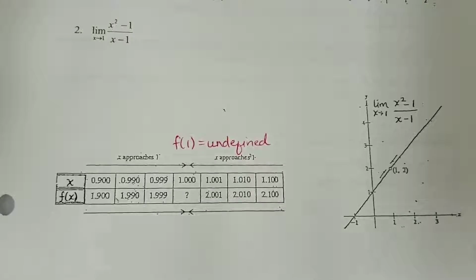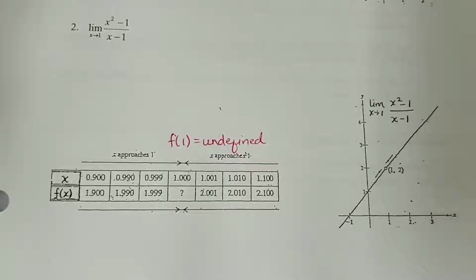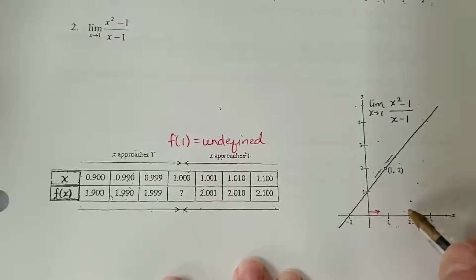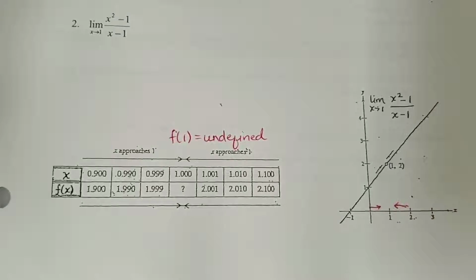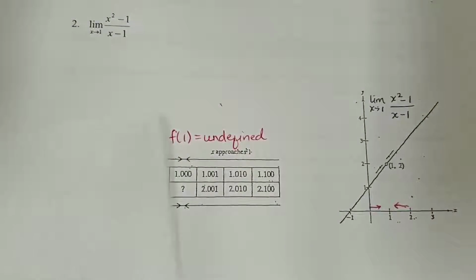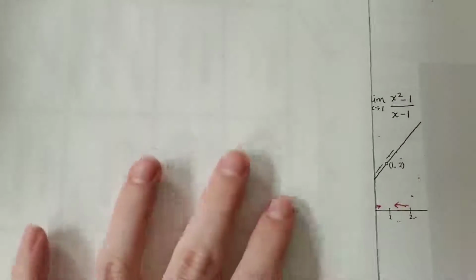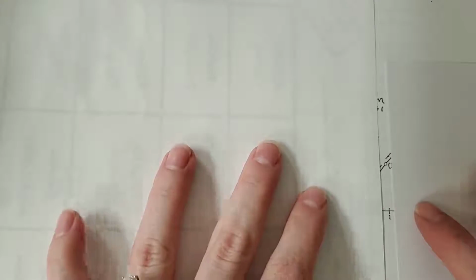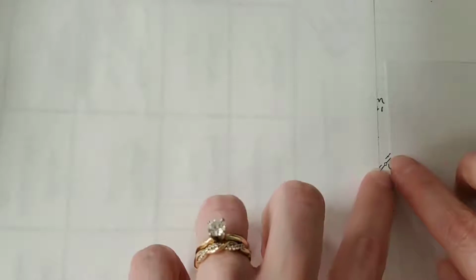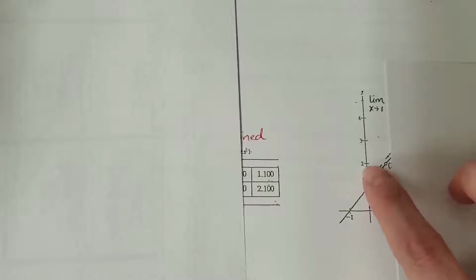Okay, let's see if the graph gives a similar answer. As we get closer and closer to 1, and if you need to, you can get some paper on there. As you get closer and closer to that x value of 1, you're approaching this open circle, which is at a height of 2.